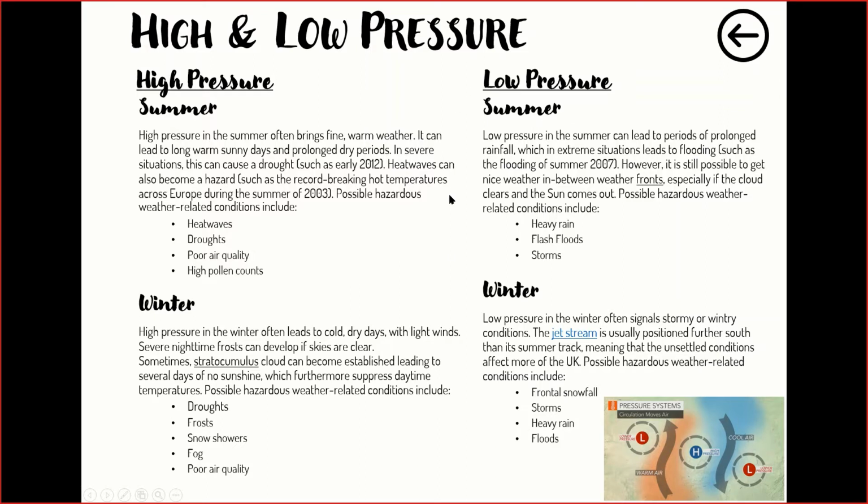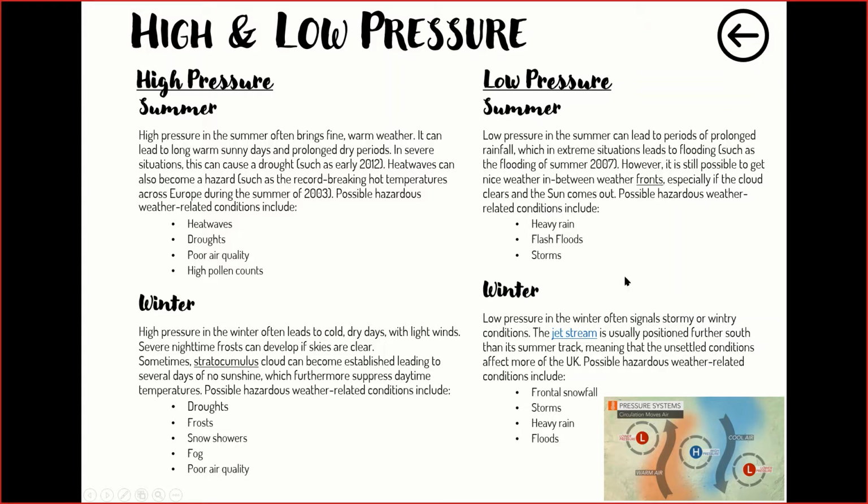Now, low pressure leads to our weather hazards that we're going to be studying a little bit more. In summer, this can lead to prolonged rainfall. So flooding in the summer, like we saw last year. Heavy rain, flash floods and storms, potentially even thunder and lightning with that as well.